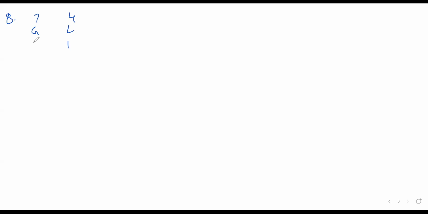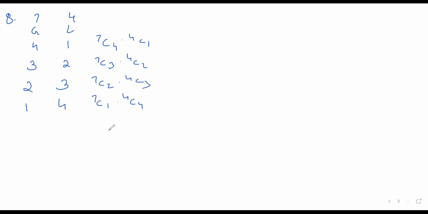So 1 lady, 4 gents. 2 ladies, 3 gents. 3 ladies, 2 gents. 4 ladies, 1 gent. We cannot have more than 4 ladies because there are only 4 ladies. So 7C4 into 4C1, 7C3 into 4C2, 7C2 into 4C3, 7C1 into 4C4. It is either-or, so we have to add them and you will get the answer.